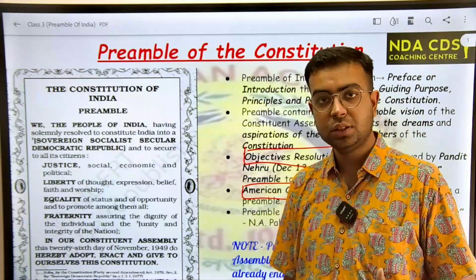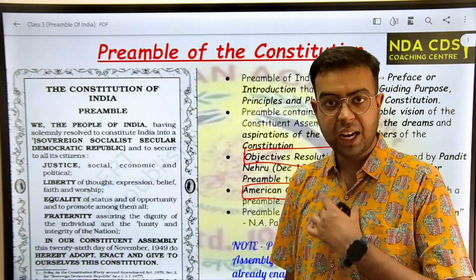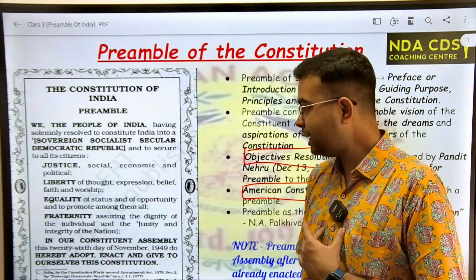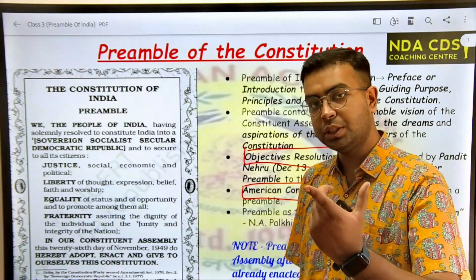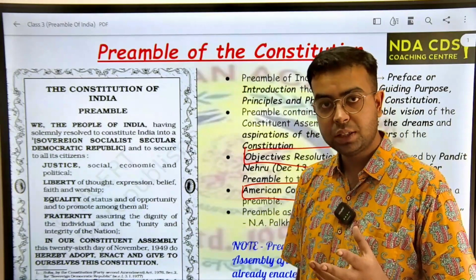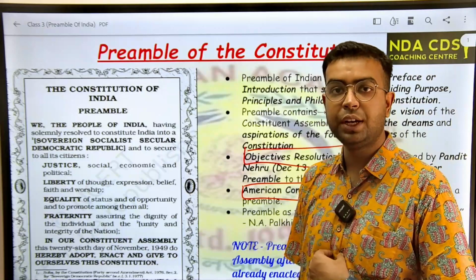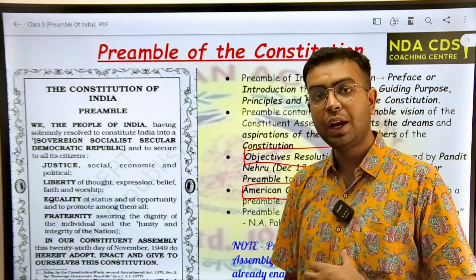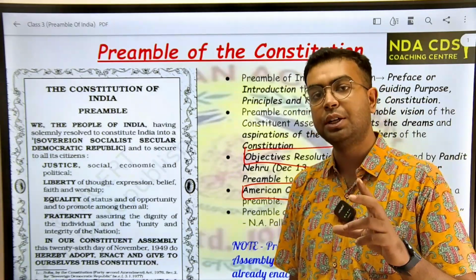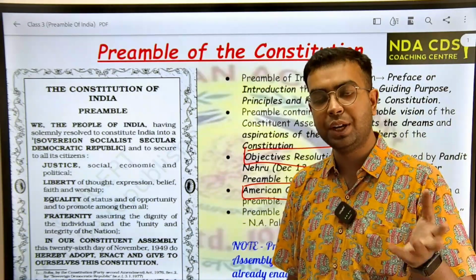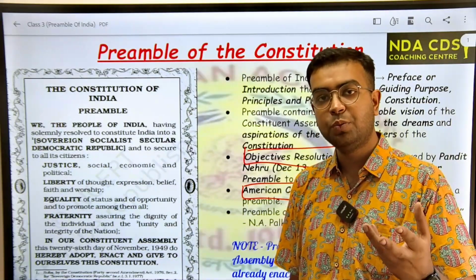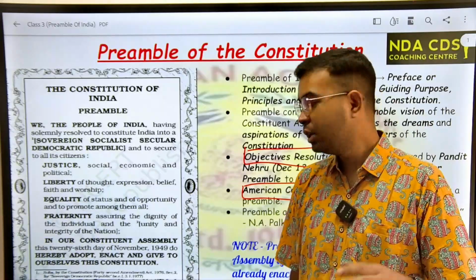You go to a college or school, you have an ID card from an institution. Does your ID card give all the details about you to the other person? It does not. But if a person looks at your ID card, which you're wearing on your neck in your college, the other person can get a basic idea of who you are, what your name is, which class you are from, which stream you are from, and so forth.